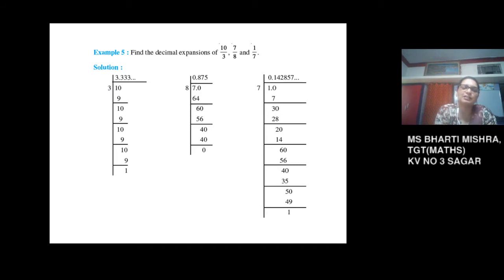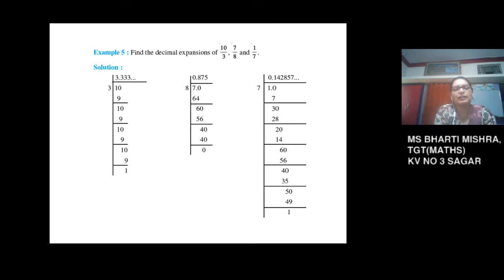You have learned in class 7th itself how to convert a fractional number into a decimal number. So what happens? We are dividing 10 by 3. In the quotient we have got 3 and the remainder comes to be 1.